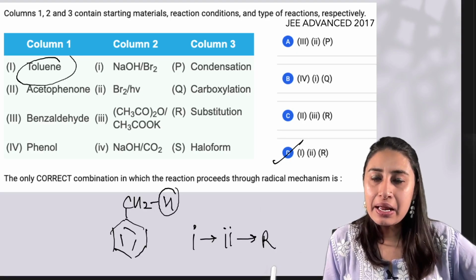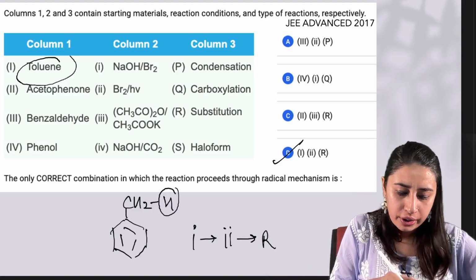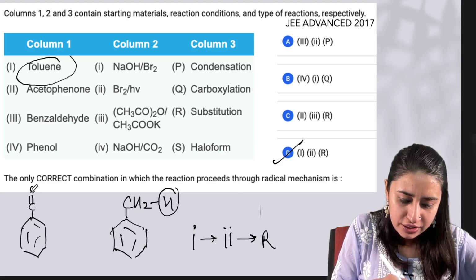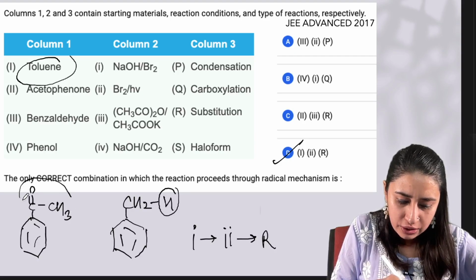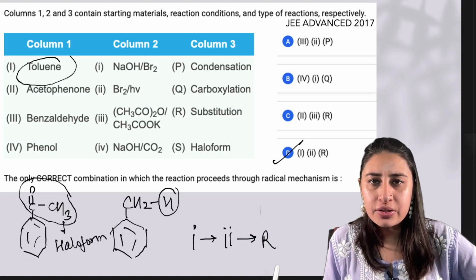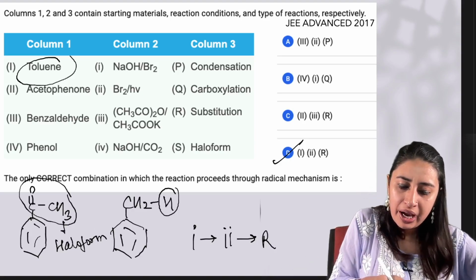Nonetheless, if we are not able to figure out, we'll go to the next one, acetophenone. You know how acetophenone looks like. This is your acetophenone, COCH3. The moment you see this COCH3, I'm sure you're reminded of the haloform. What are the reagents used in the haloform? NaOH plus X2. In our case, Br2 is given.